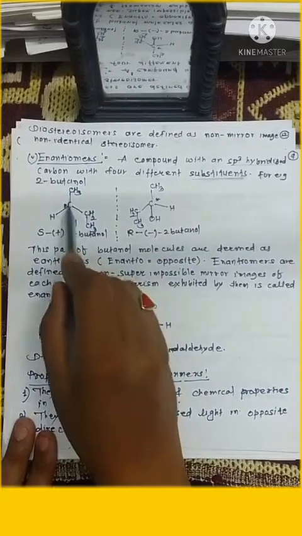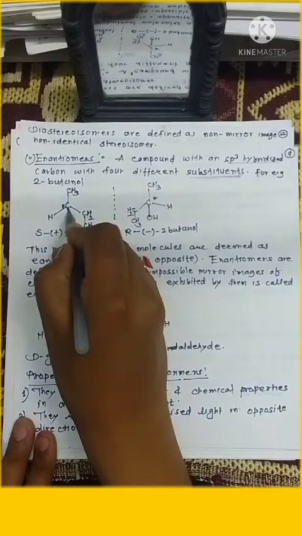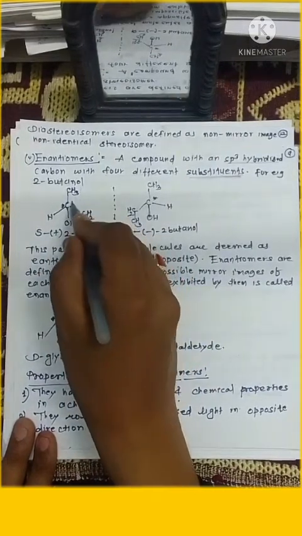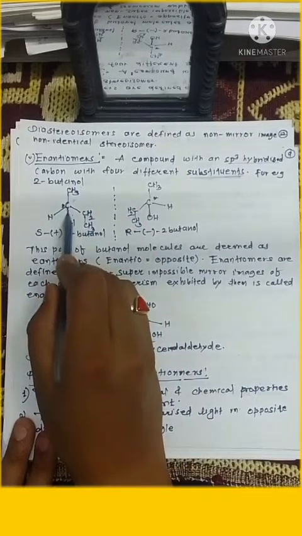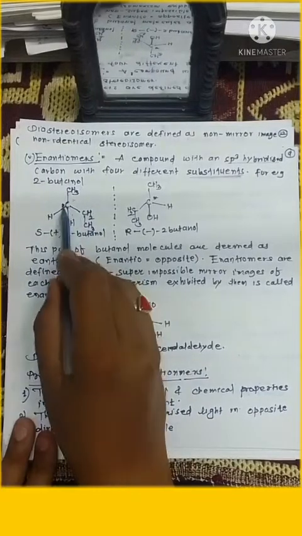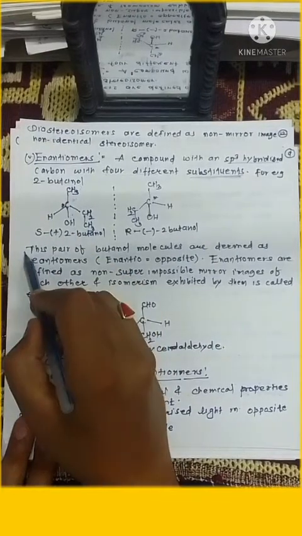Just see, this is the structure of 2-butanol. In 2-butanol, the second carbon atom is a stereo center, that is, this carbon contains 4 different substituents. It is attached to 4 different substituents. That's why it is chiral, that is, it is a stereo center.